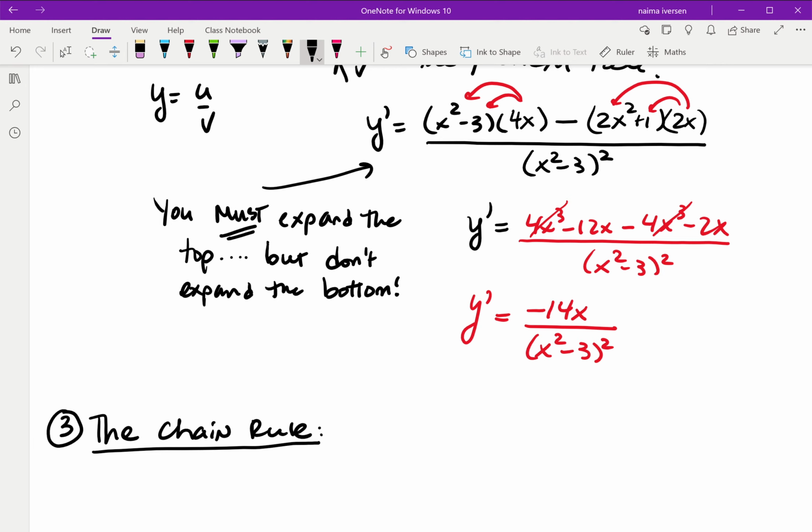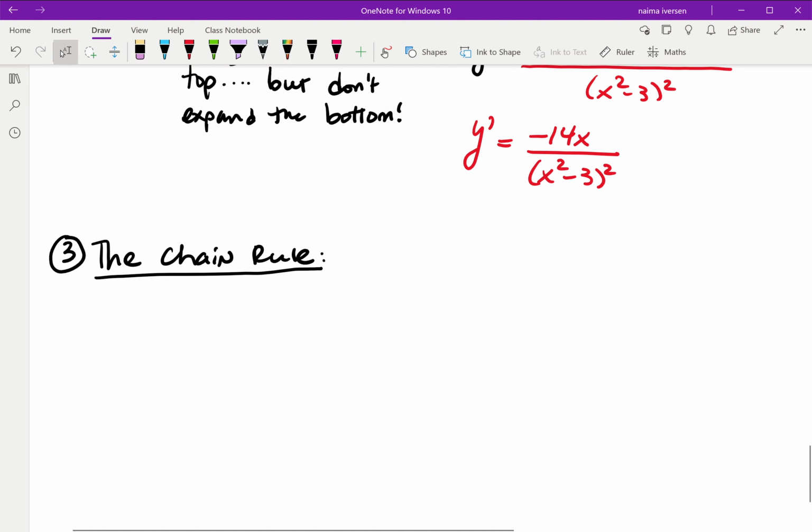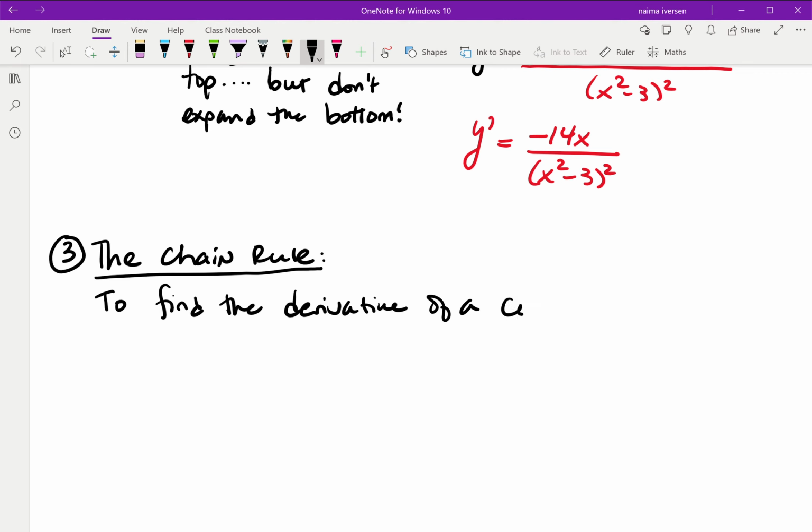So the chain rule is kind of a weird one to prove, so maybe you can just take your time and go one step at a time as I go through this. But the chain rule is for us to find the derivative of what is called a composite function.